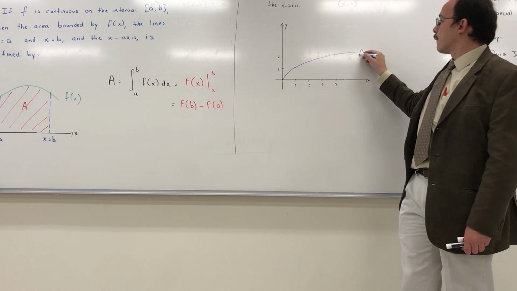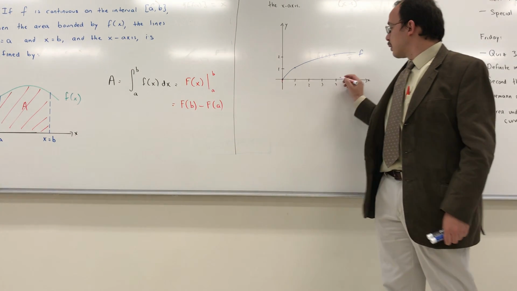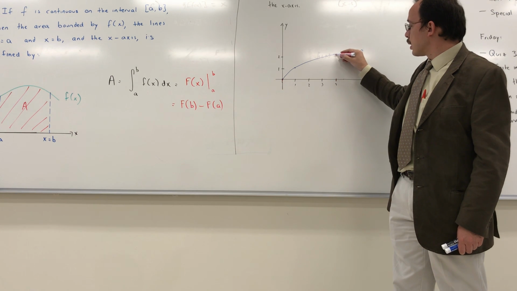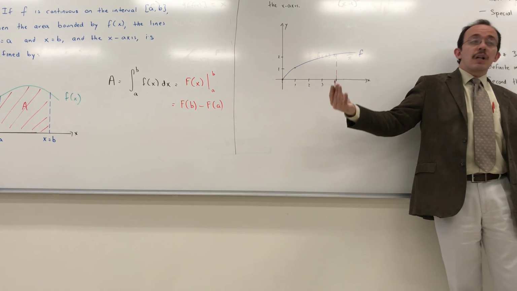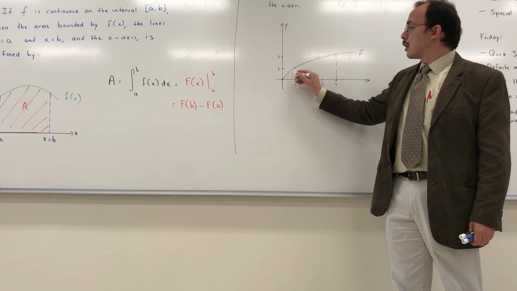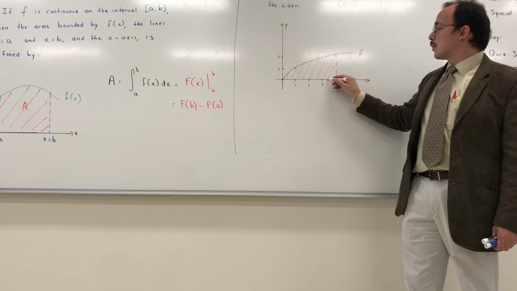Graph the function. But then it says the area has to be bounded by that graph, x equal to 0, x equal to 4, all the way here, and the x-axis. So the area that I want will be this.